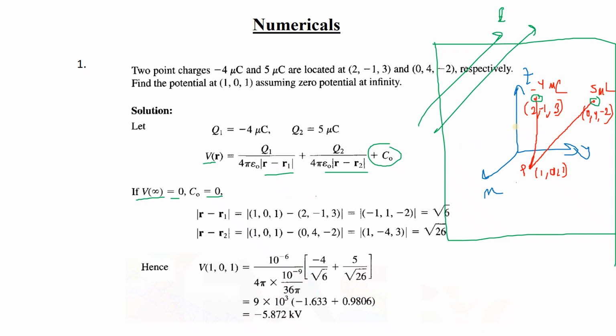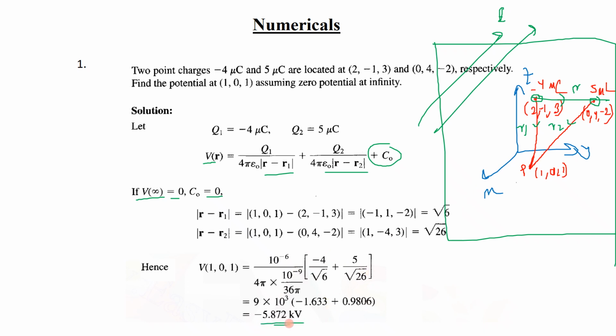This is R1, this is R2, this is R. So R1 is R minus R2, the displacement. Generally the arrow sign is given like this.